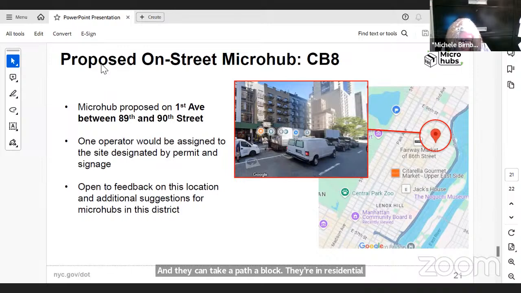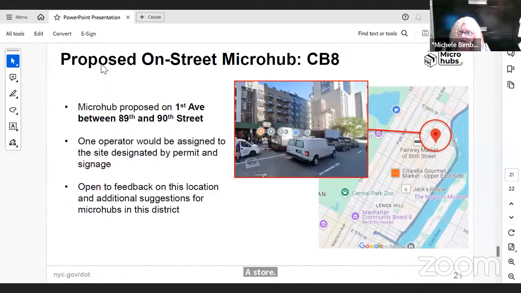But why can't we approach the private sector? Let them know that this is an issue. Let them know that the city wants it solved, and have them rent in a commercial area, a store, whatever their need is, and have that store and the curb in front of that store in a commercial area be the loading dock and be the storage and be whatever you're proposing on the street.